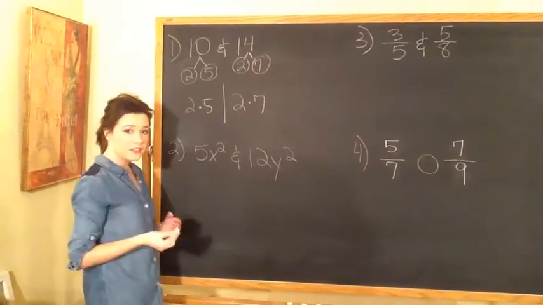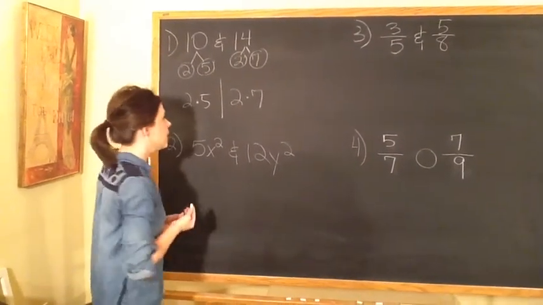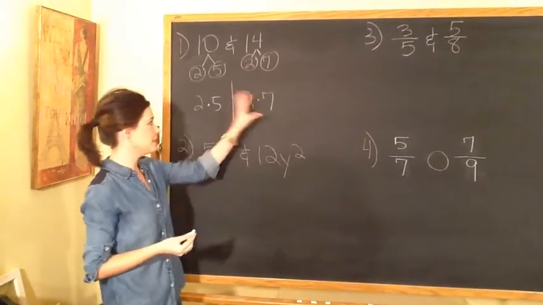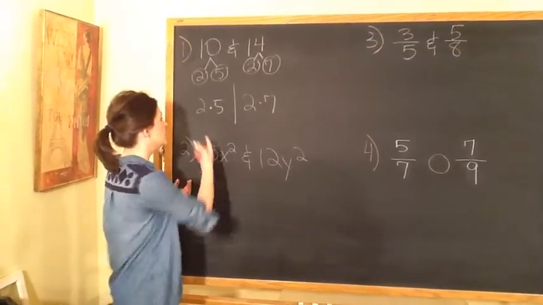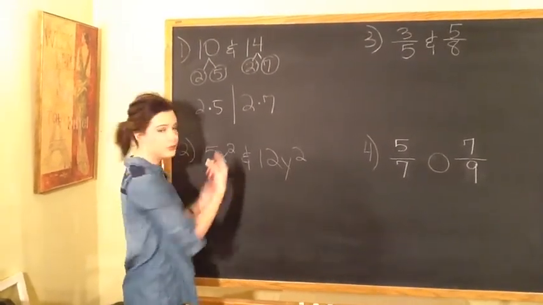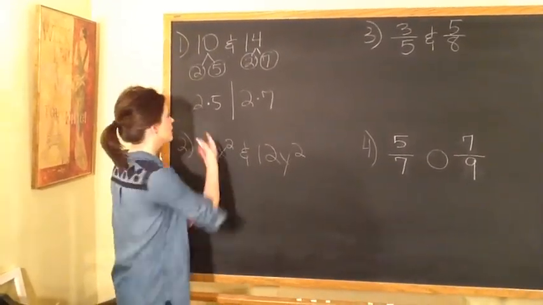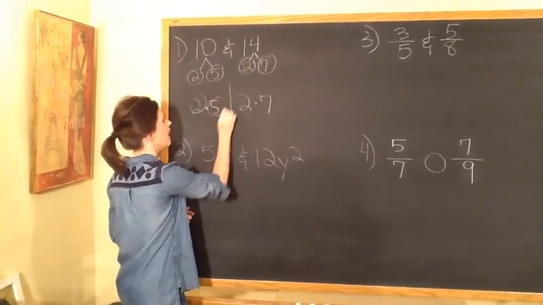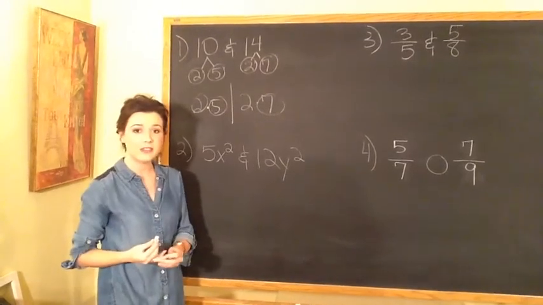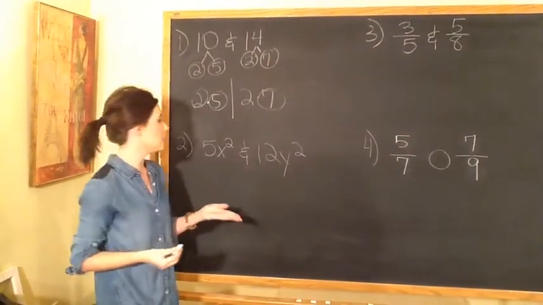Now here's how this is going to work. First of all, we've got to figure out what numbers we have represented in both of these numbers. So we have a 2, a 5, a 2, and a 7. We don't want to repeat our 2; we're just going to say it one time. So we have a 2, a 5, and a 7. We're going to multiply those together, and that is going to give us our least common multiple.